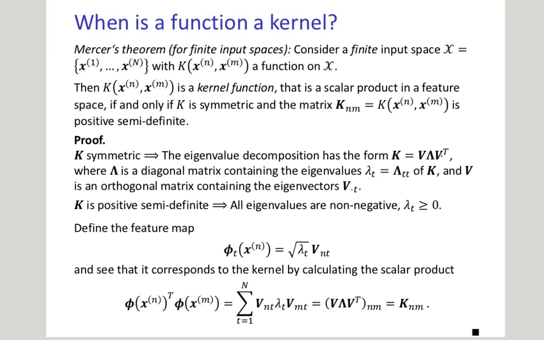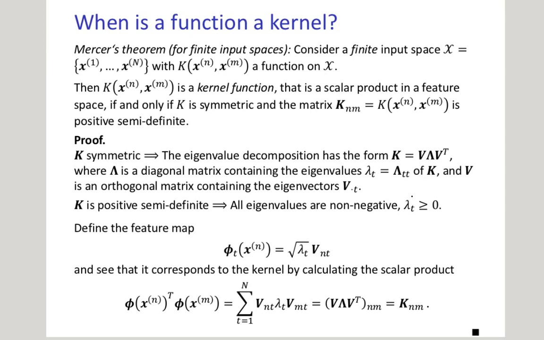Thus, we have V transpose at the end instead of V inverse. Furthermore, because K is positive semi-definite, we know from linear algebra that all the eigenvalues are positive or equal to 0. That is, all of the eigenvalues are non-negative.